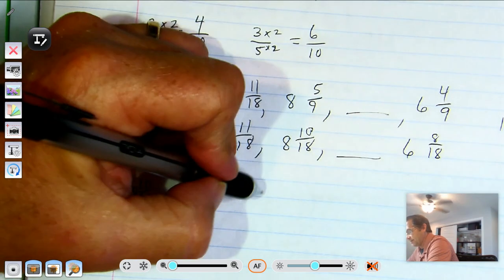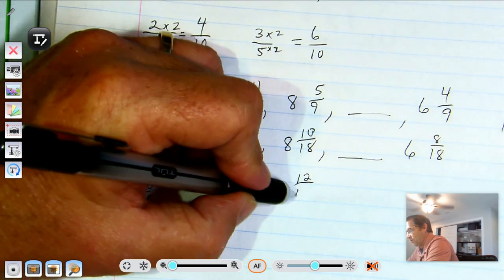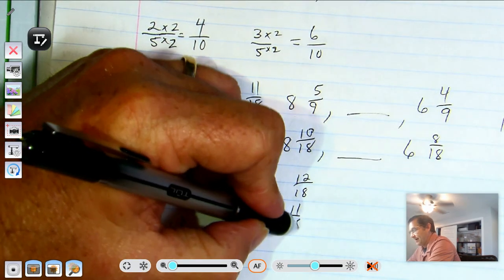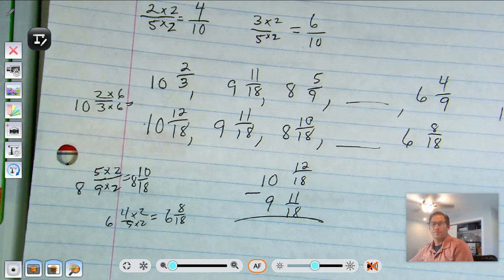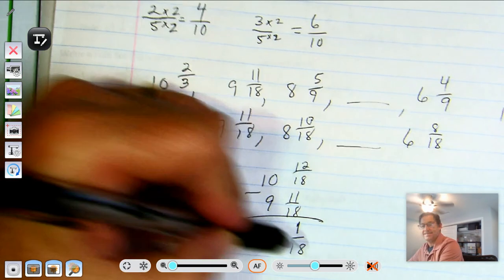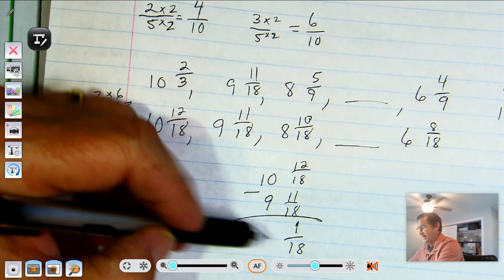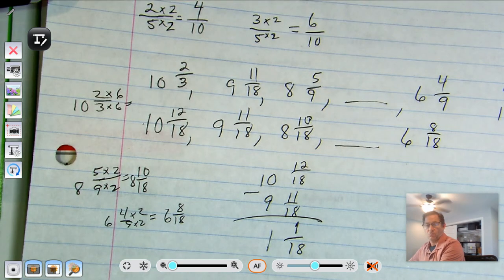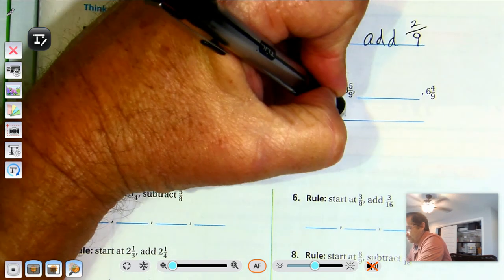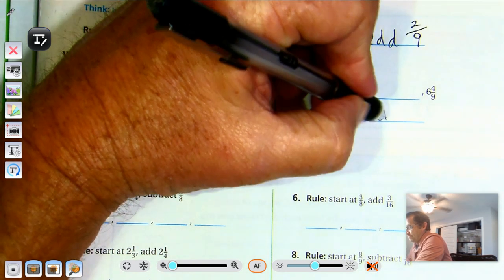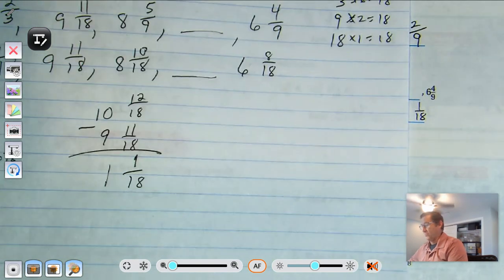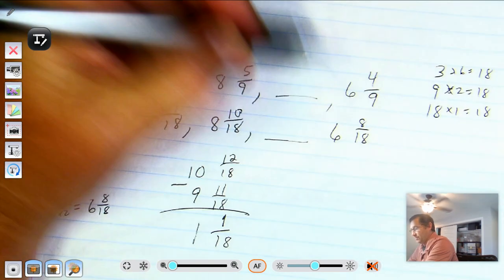I don't know. Let's take the 10 and 12/18 and subtract 9 and 11/18. Well, 12/18 take away 11/18 is 1/18, and 10 take away 9 is 1. So we're subtracting 1 and 1/18.